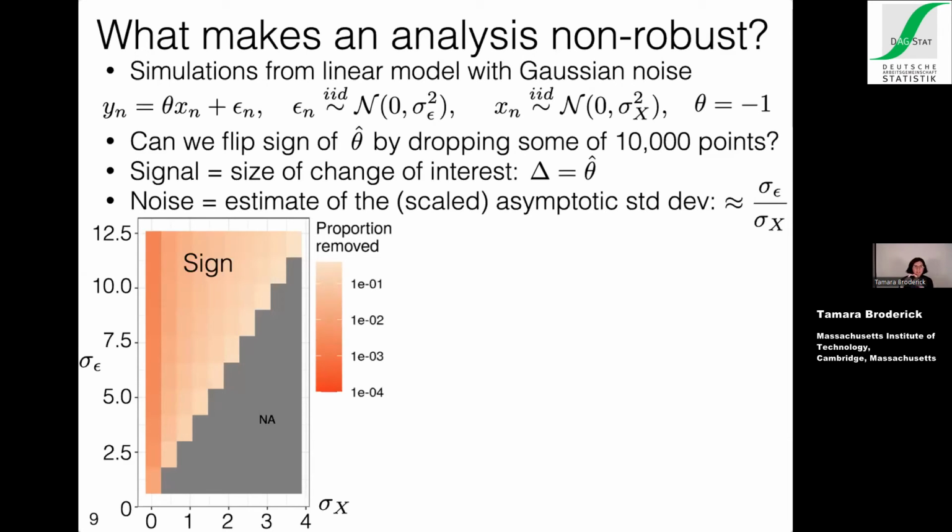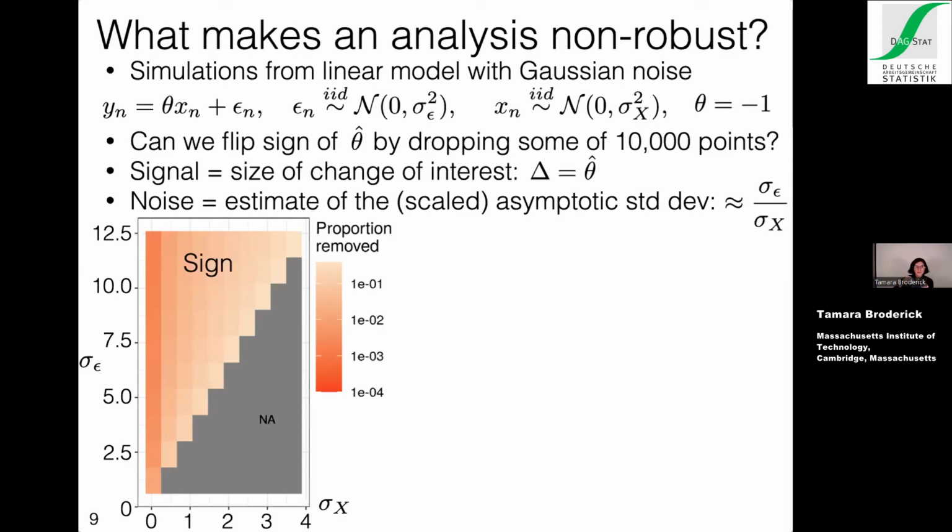Now, for every one of these little blocks, we have our 10,000 data points, and we ask, using our method, are we able to remove some proportion of that data to change the sign of the effect? And we find that when sigma x is very large and sigma epsilon is very small, the result is super stable. We actually can't find enough data to remove to change the sign.